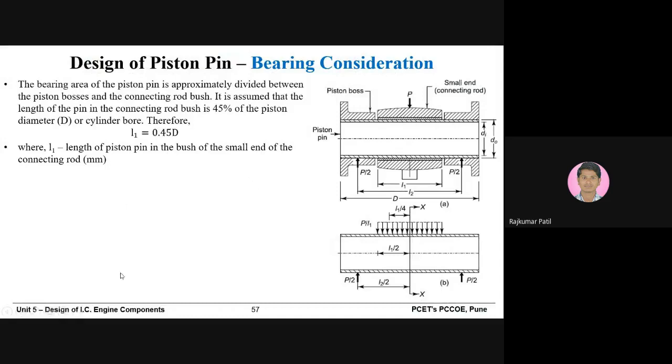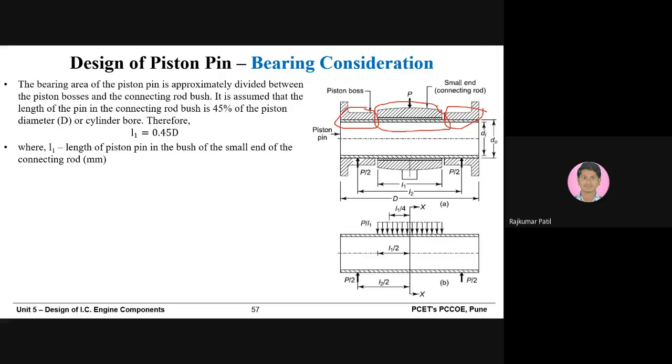Now the bearing area of the piston pin is approximately divided into piston bosses. So you can see the piston pin here is in contact with the piston boss at two ends, and the middle portion of the piston pin is in contact with the connecting rod.